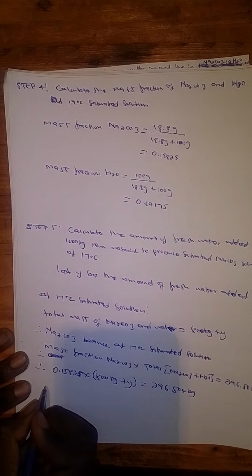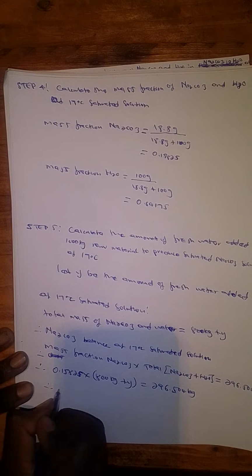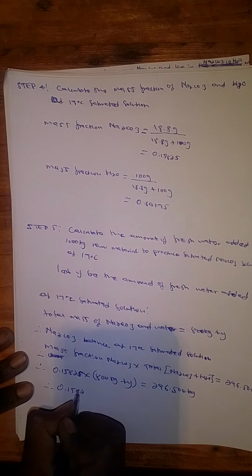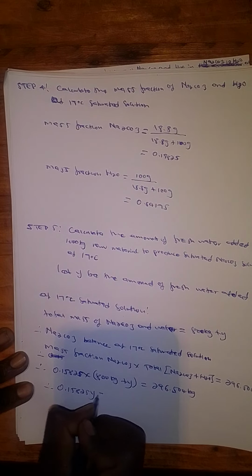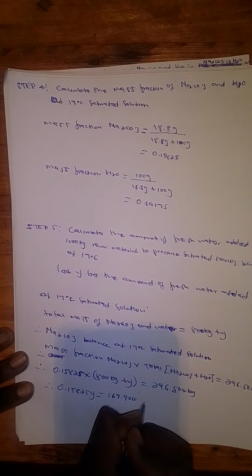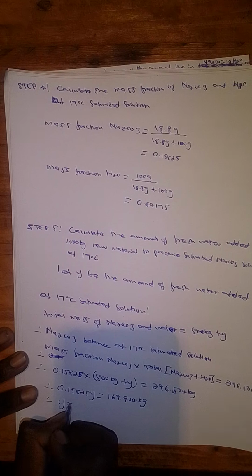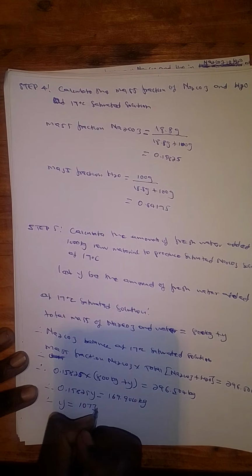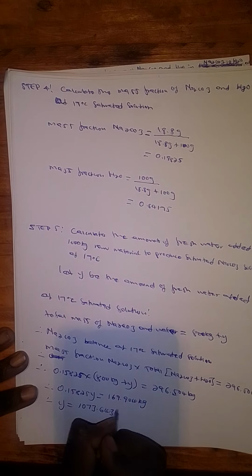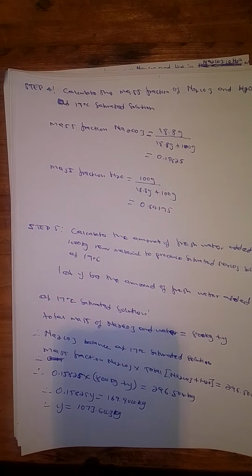Now with that said, if you do your calculation, you'll be left with 0.15825y is equal to 169.904 kilograms. Therefore, y is equal to 1073.643 kilograms. That becomes our final answer.